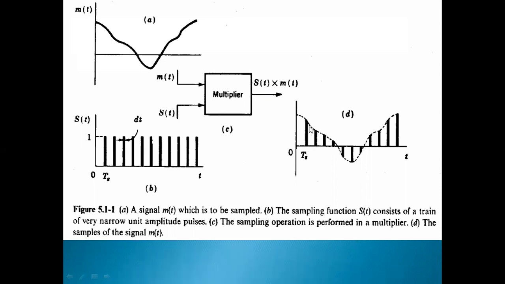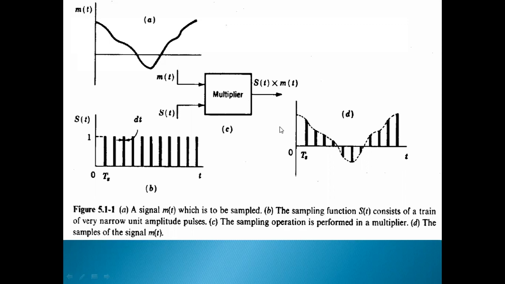Likewise, the first pulse is at time interval Ts, the second pulse is at 2Ts, the third pulse is at 3Ts, and so on. So a continuous pulse train is applied to the multiplier along with m(t). The samples carry the amplitude of the modulating signal.